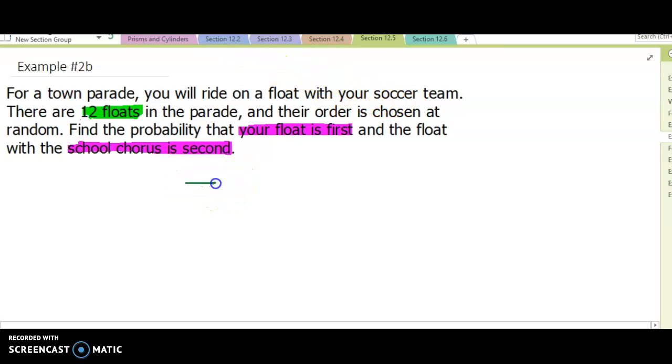All right, so my way, we have first and we have second, and we're talking about probability here. If I asked you, what's the probability of our float picking first? Well, these are just random, so it'd just be 1 out of 12. Assuming our float is first, what's the probability of the school chorus second?